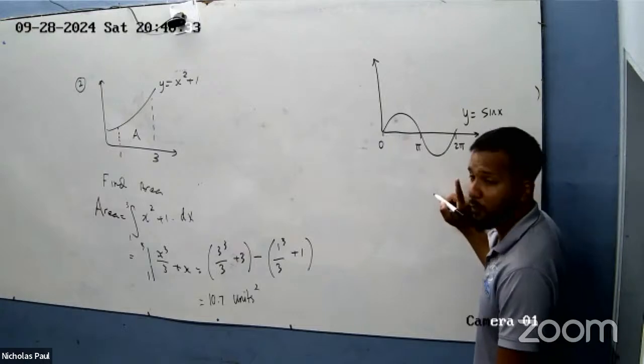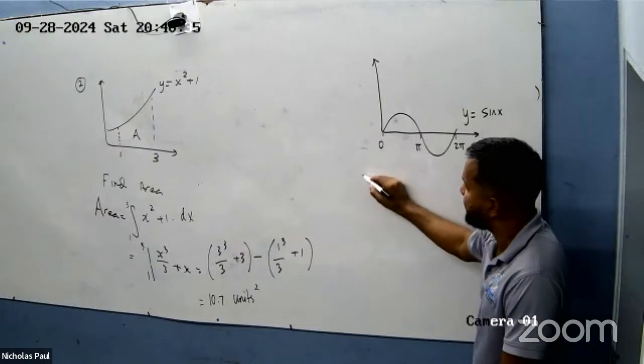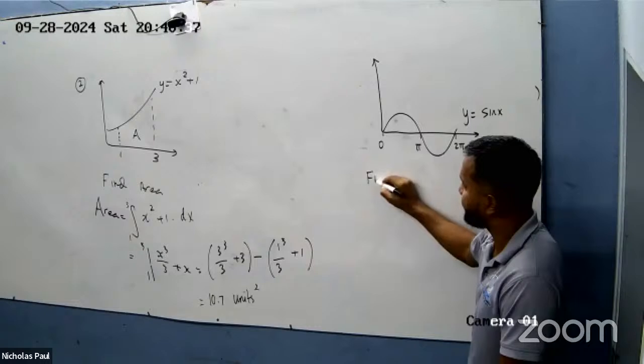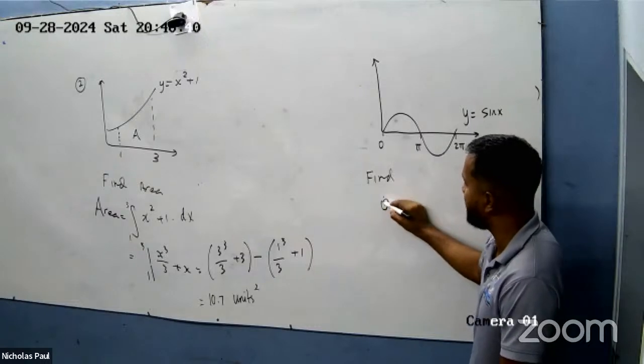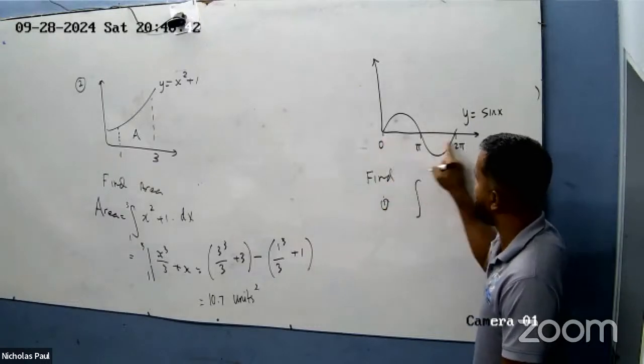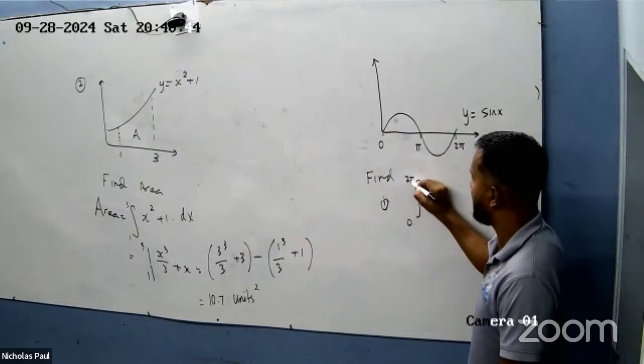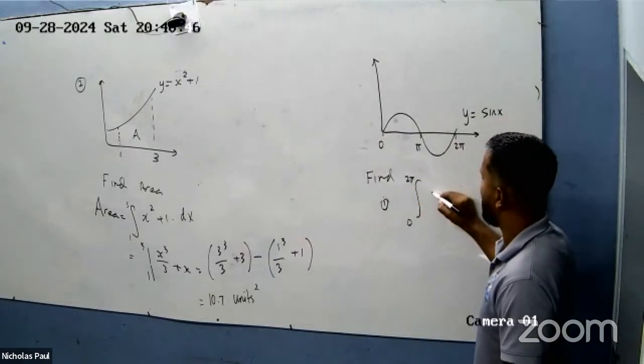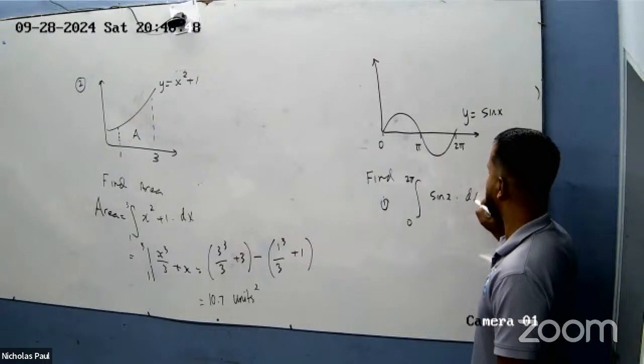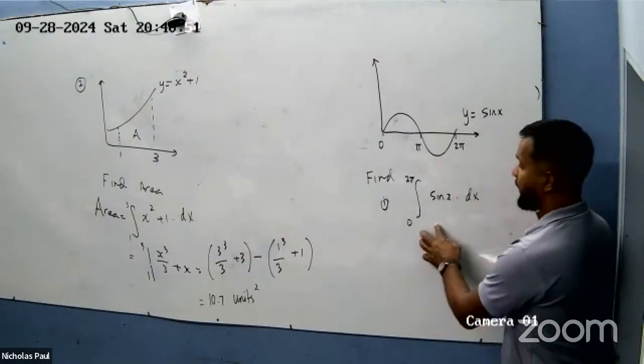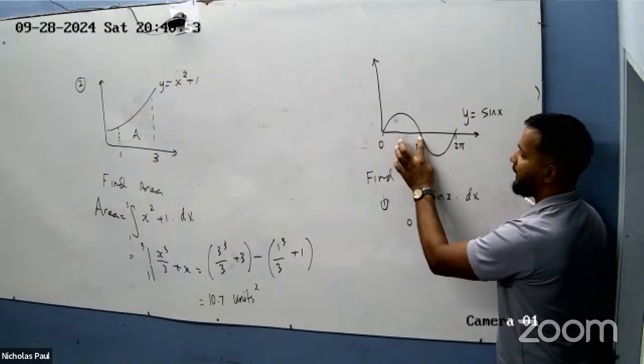Here's how I do it. I want you to do two things. Number 1, find the integral of sine x dx. Work it out from 0 to 2 pi.